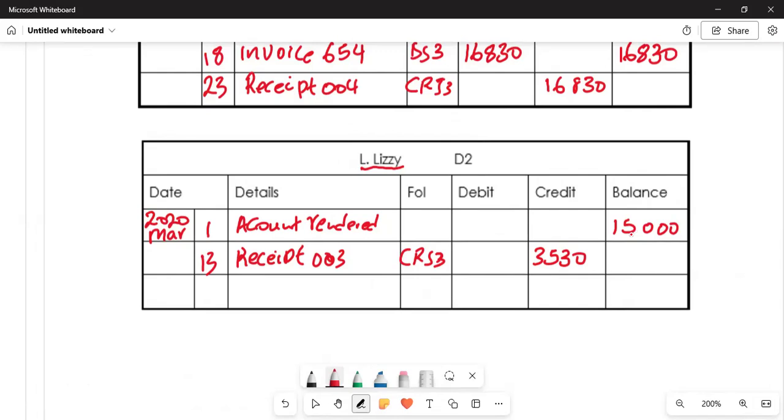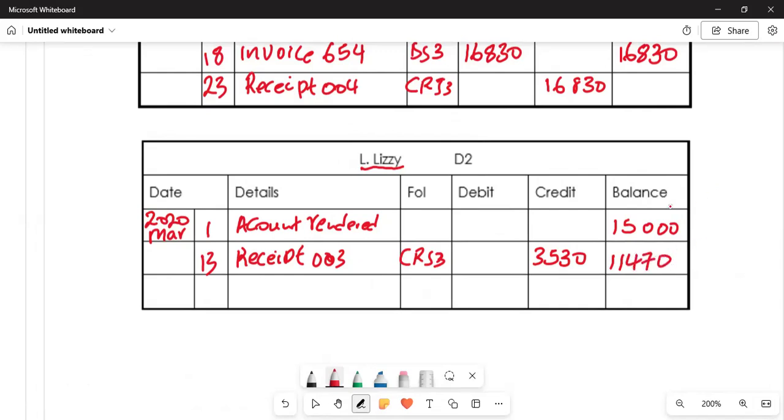That's what she managed to pay us out of 15,000. So now we want to know the remaining balance, because Lizzie didn't pay all of what she owed us. She paid part of it as 3,530. So we're going to say 15,000 minus 3,530, so that we know how much Lizzie still owes us. It's going to be 11,470.